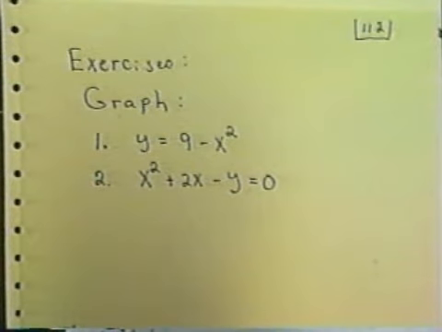Now I'm going to give you some exercises. Carefully copy down the 2 exercises. Graph y is equal to 9 minus x squared. And the second one, x squared plus 2x minus y is equal to 0.